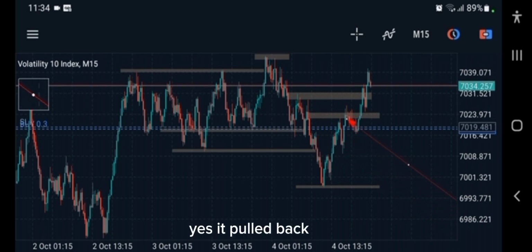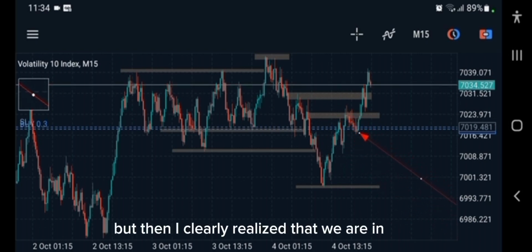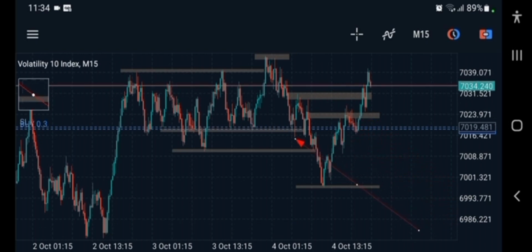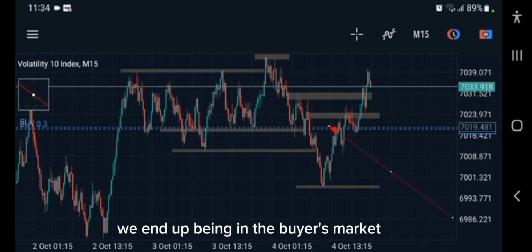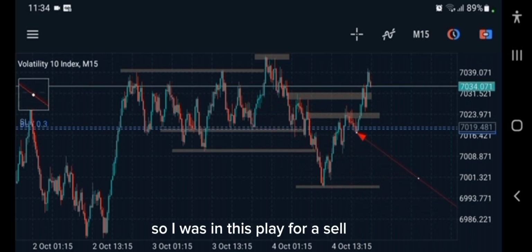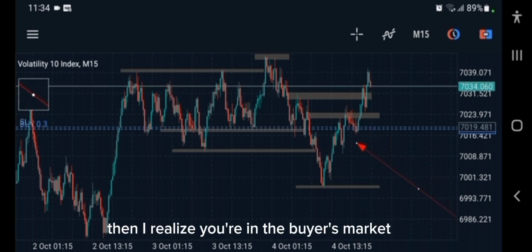Yes, it pulled back, gave us a sell, but then I clearly realized that we are in the buyer's market. So even though we got a sell setup, we ended up being in the buyer's market. So I was in this play for a sell, then I realized we are in the buyer's market.